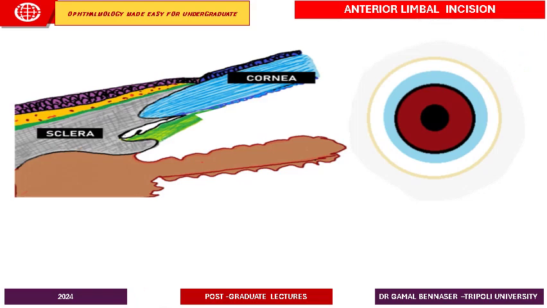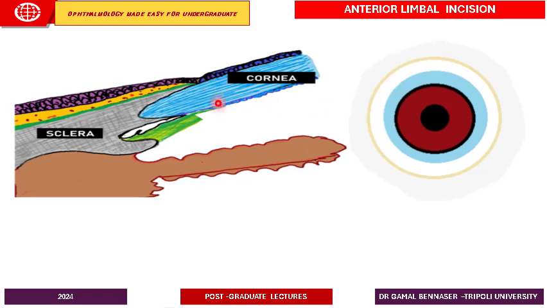Now, the anterior limbal incision, as the name implies, is an incision done at the anterior border of the blue zone. This is the blue zone that we have spoken about before, and you know that the blue zone extends from the termination of the Bowman's layer up to the termination of the Descemet's layer.